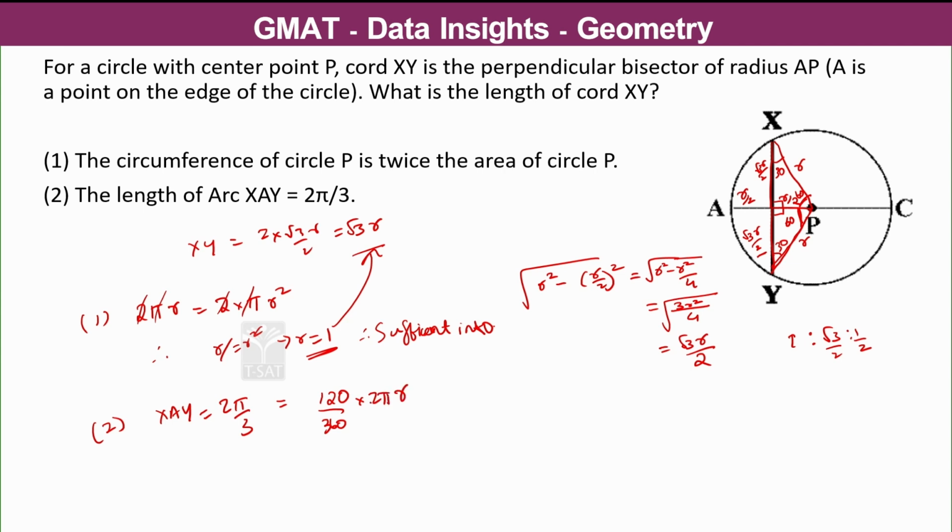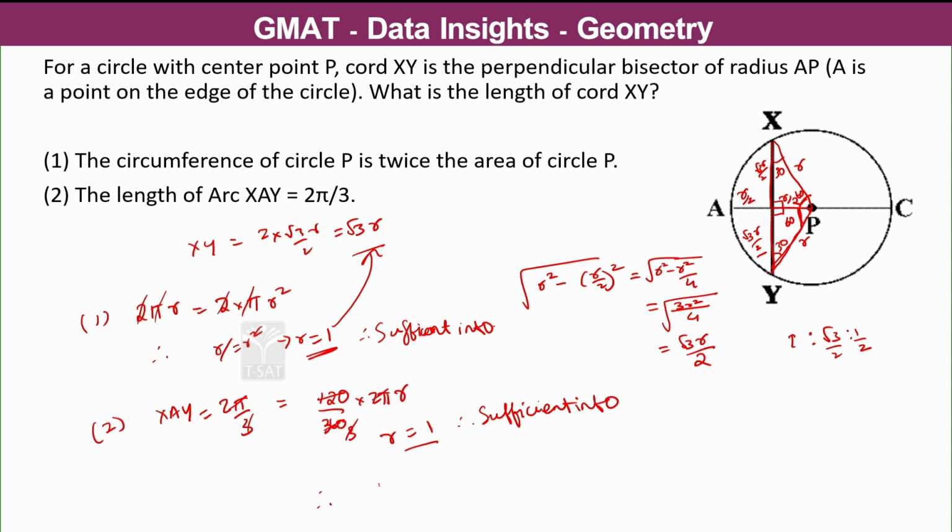You can equate this to the given length of the arc XAY. So, when we cancel this, 120 goes 3 times through 360, 2 pi gets cancelled, 3 gets cancelled, again r comes out to be 1. Therefore, you can substitute that in XY and get that XY is equal to root 3. Therefore, this is also sufficient information to answer the question.